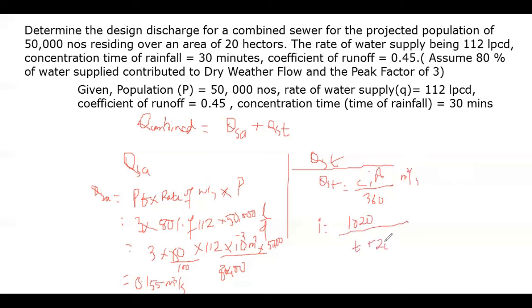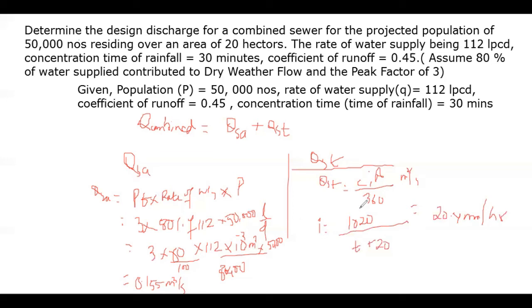If you put the value of T as 30 minutes, then we will obtain the value of rainfall intensity as 20.4 mm per hour.